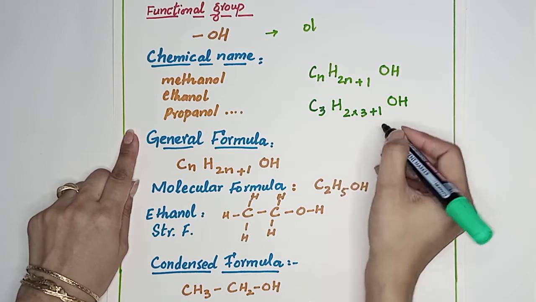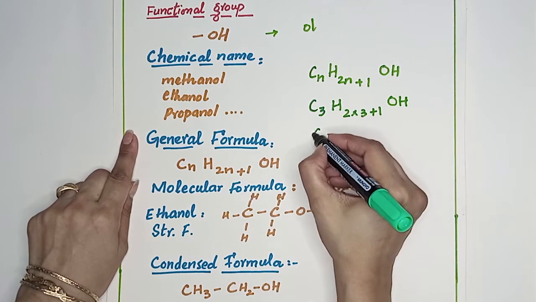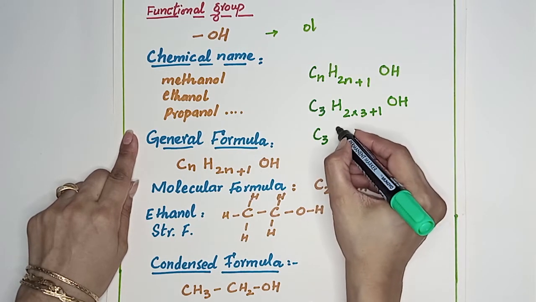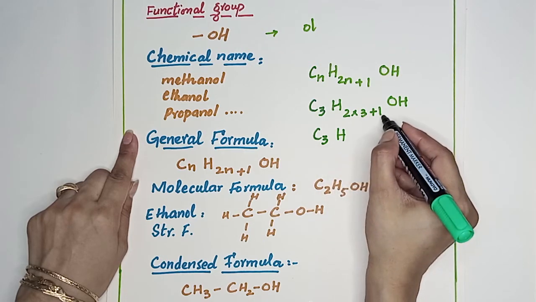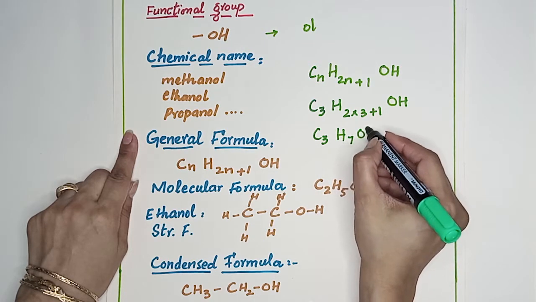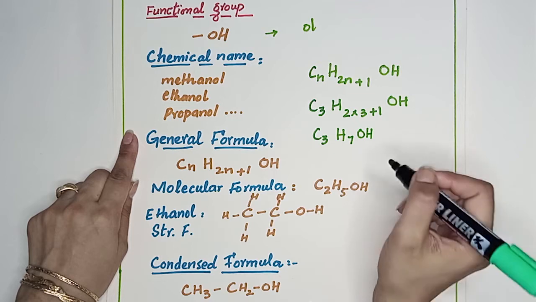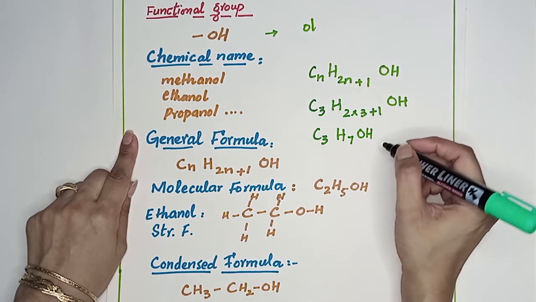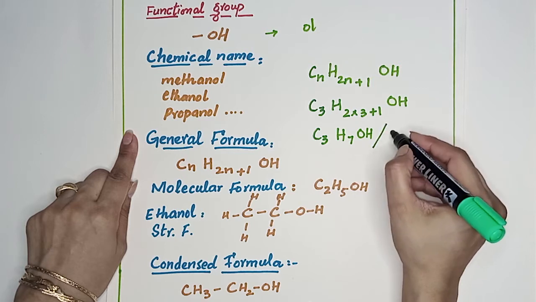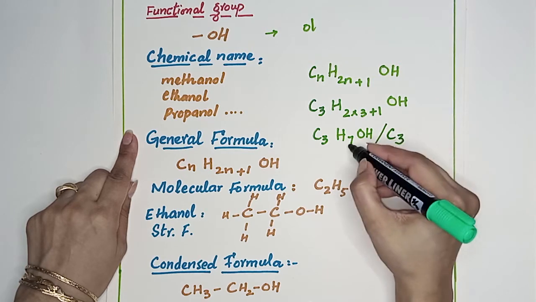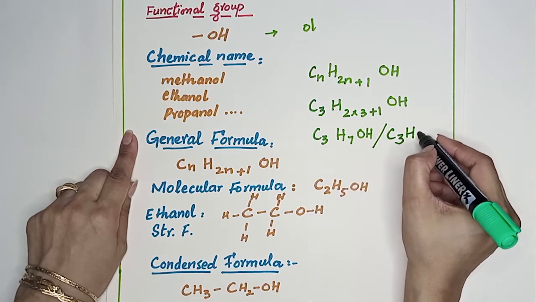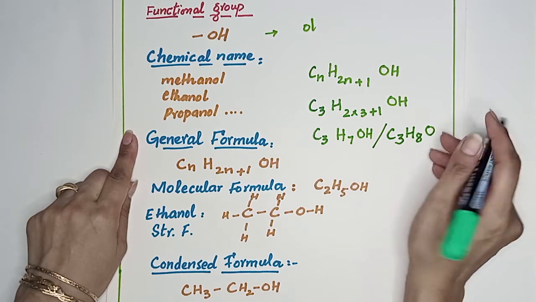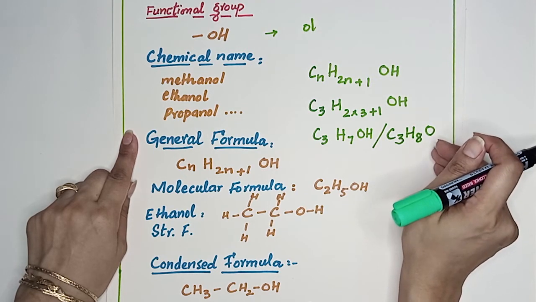So C3H, 2 threes are 6, plus 1 is 7, OH. So this is the way through which we can write the molecular formula of this alcohol. We can also write the molecular formula like this, C3, we will condense it like this, H8 and O. So this is another way to write the molecular formula.